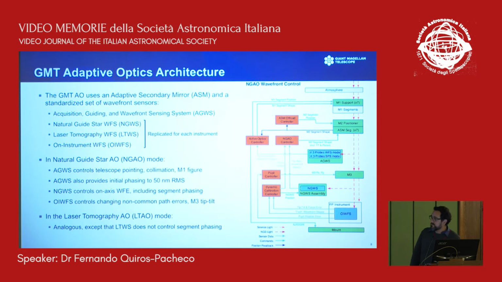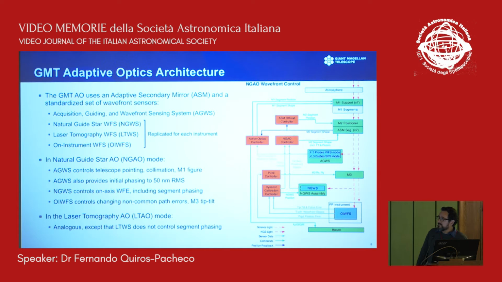So just very briefly, in the NGS AO mode, the AGWS will control telescope pointing, collimation, and M1 figure. Even if this will be done before the AO loop is closed, we have to keep these loops active because they will ensure that the evolving M1 errors will be corrected at M1.